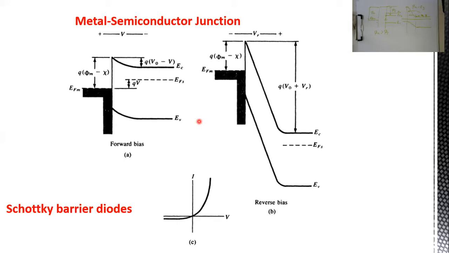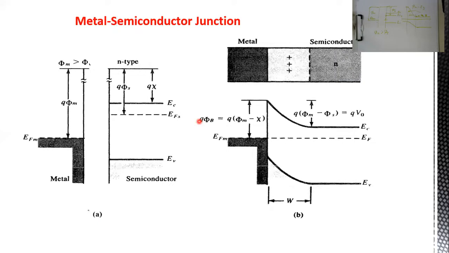So now we investigate together the first combination. What I mean by combination is to have phi m greater than phi s and to have a semiconductor which is n-type. Whenever you have two variables, then you have four combinations. So let's start together to check another combination.